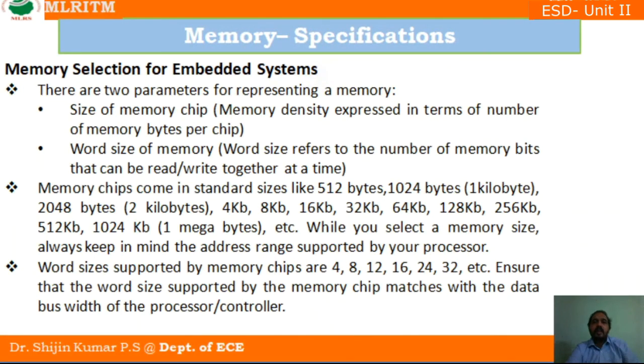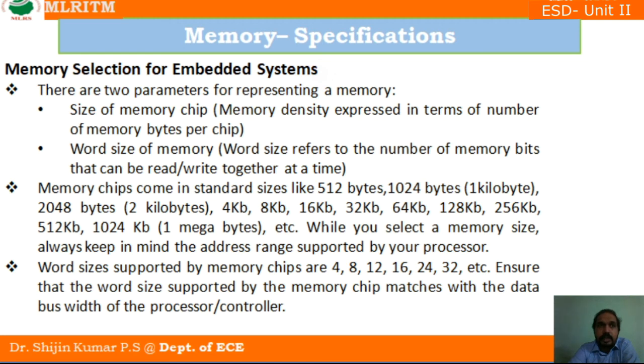Next one is word size of the memory. So normally we read 1 byte at a time. Okay, so normally the word size is 1 byte. So in some application, if you are using a 32-bit processor, so it needs to read 32 bits at a time. Okay, so that means how many bytes? 4 bytes need to be read at a time.